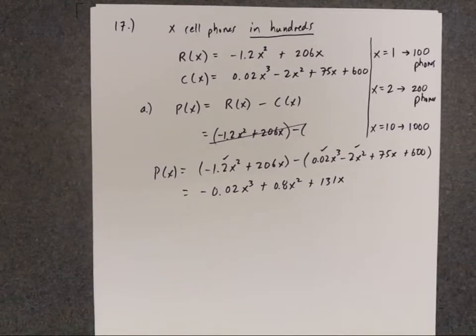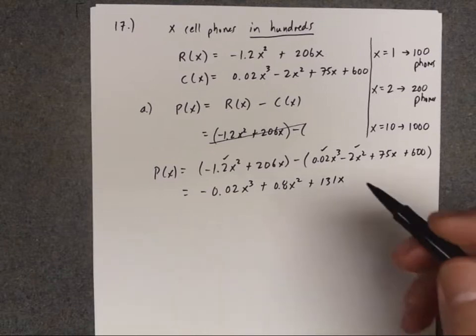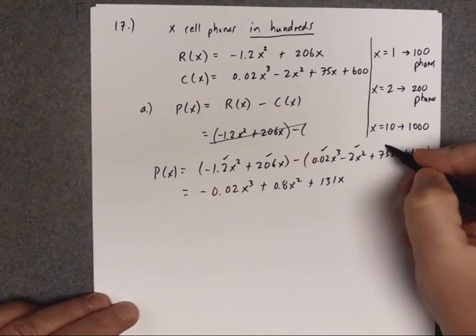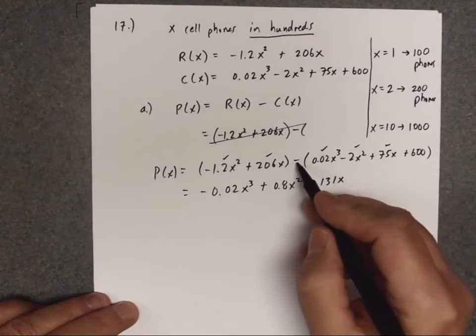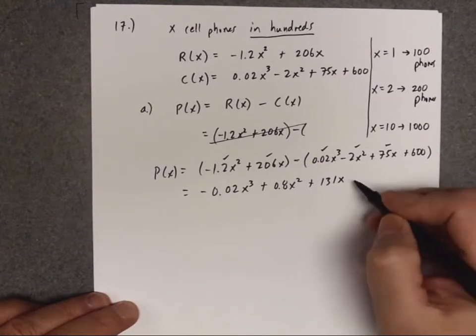Actually, I brought my calculator. I want to be sure. So 206 minus 75, yep, 131. So that takes care of these. And the last thing left is just the 600, but remember, it's minus 600.